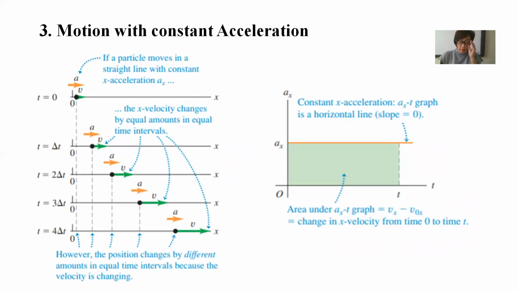And the final topic: motion with a constant acceleration. Maybe in the first diagram, acceleration versus time, this is a horizontal line showing that the acceleration is a constant, and the slope equals zero because acceleration is a constant.